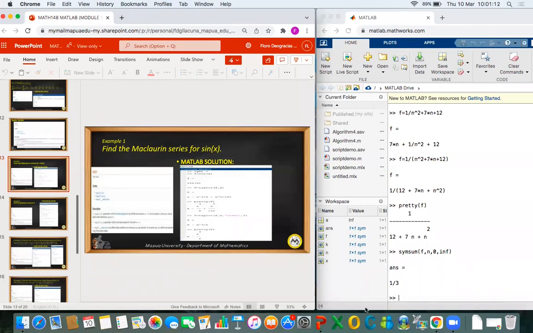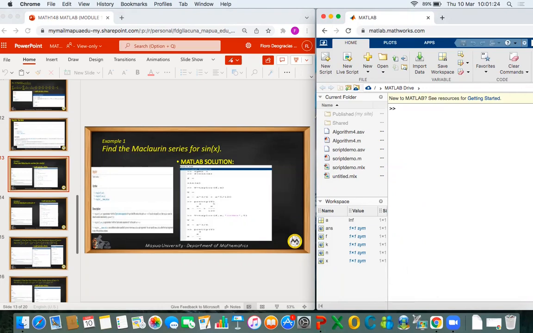Okay, so we go now to this Maclaurin series for sine x. I will clear the command window with clc, then I will declare the variable x, syms x.